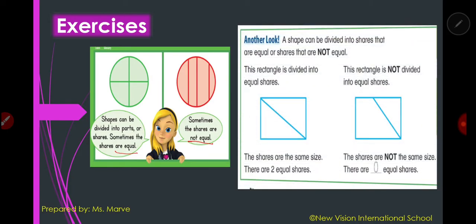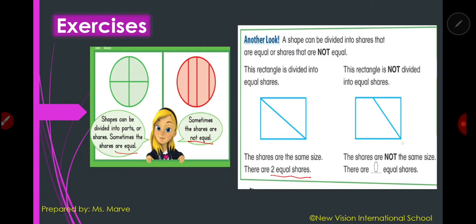So, to prove that, let's check this example. We have here two squares. The first square has two equal shares because it is divided into two equal sizes.